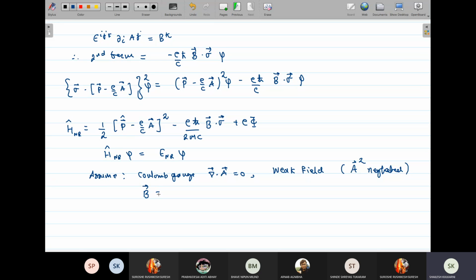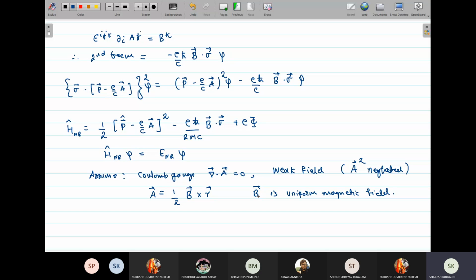Suppose I consider A, my vector potential, to be of this form: minus half B cross R, where B is a uniform magnetic field.